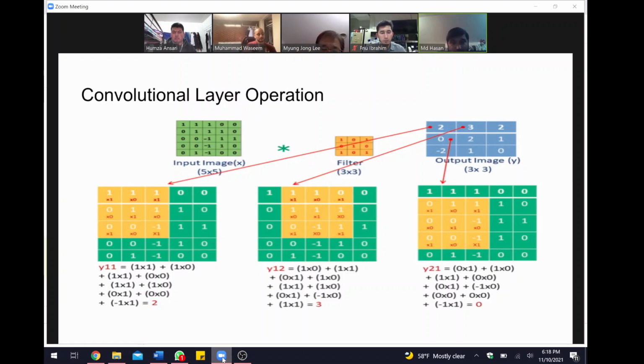In the same way we get 0, 2, 1, -2, 1, and 0.